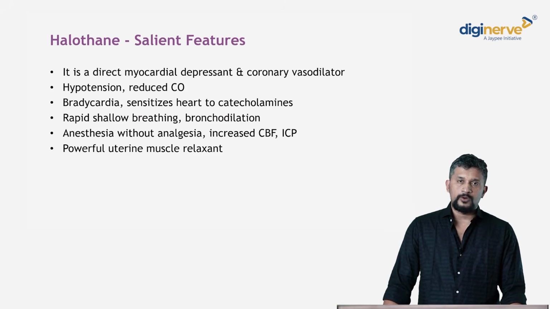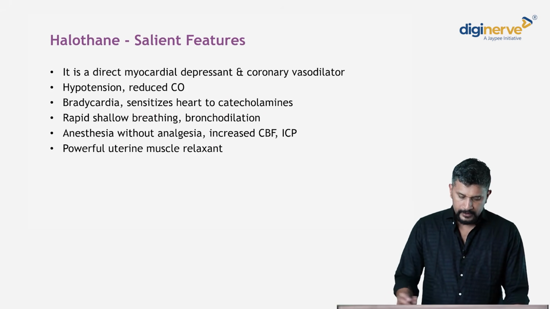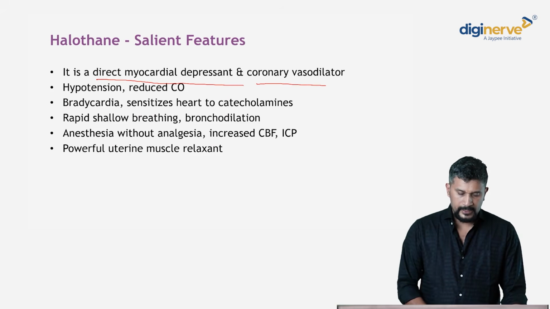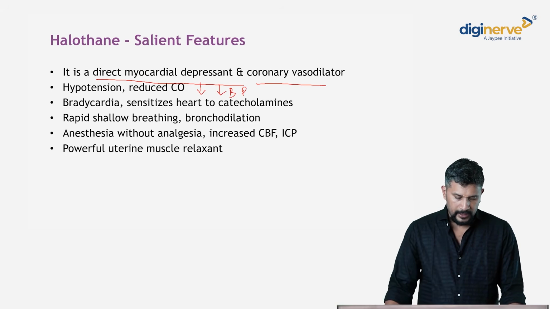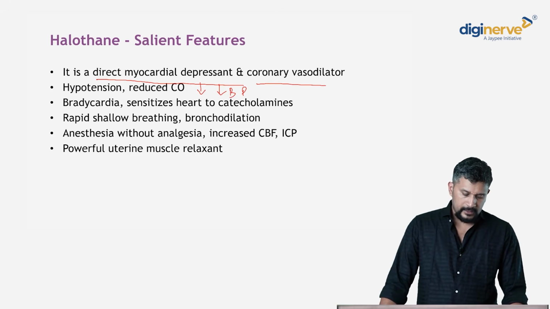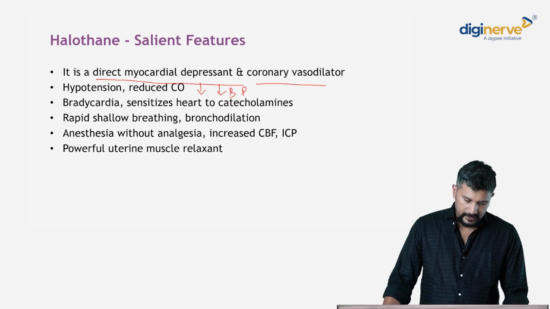So what are the pharmacodynamic properties of halothane? It is a direct myocardial depressant and a coronary vasodilator. Whenever you administer halothane, you're going to have hypotension and a reduced cardiac output. There is going to be no secondary or compensatory bradycardia.